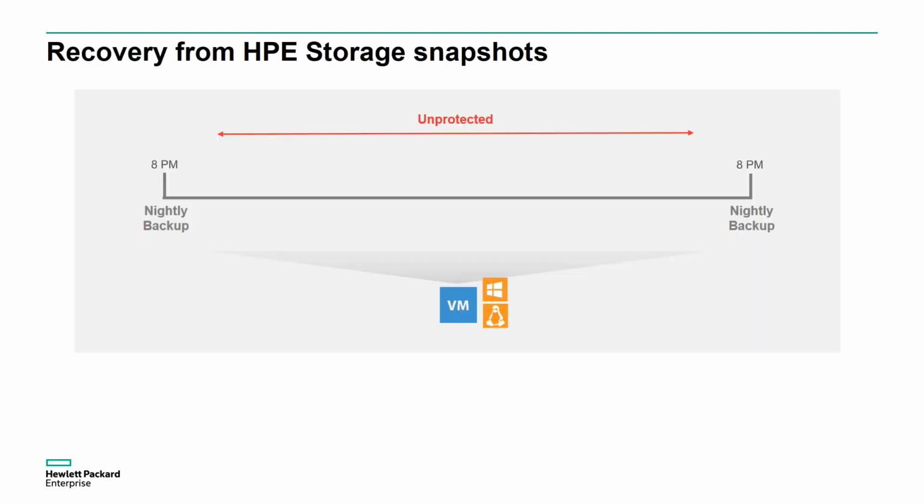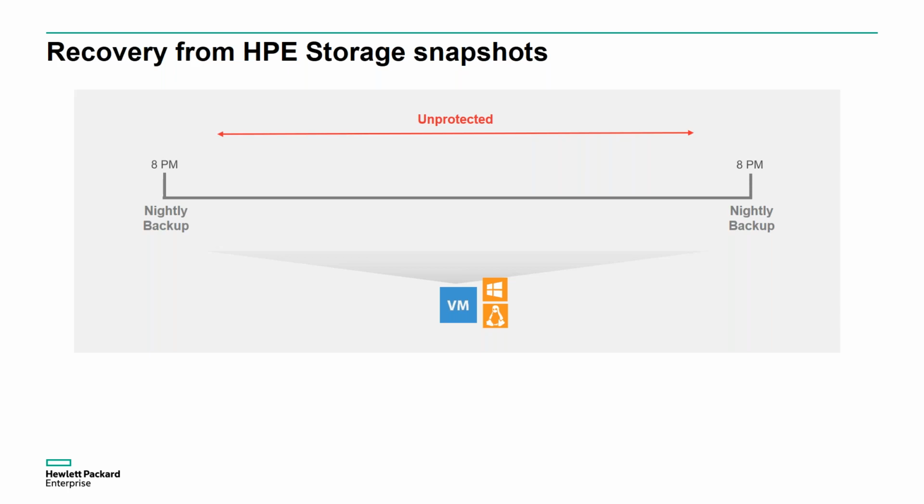So if we look at the recovery from HPE storage snapshots, if we just looked at backups, a cyclic backup of every 24 hours, as Nick mentioned, your RPO is potentially up to 24 hours, maybe with some application alterations in there. However, it's on average every 24 hours.